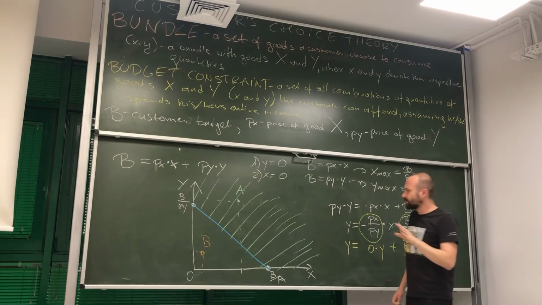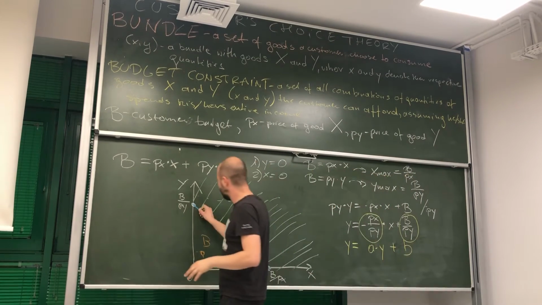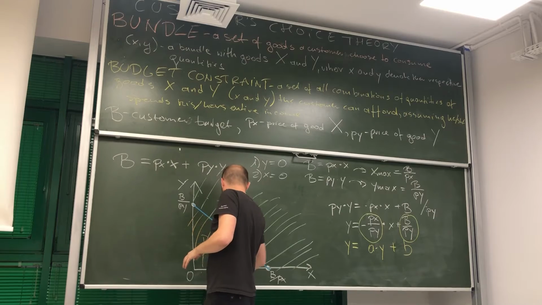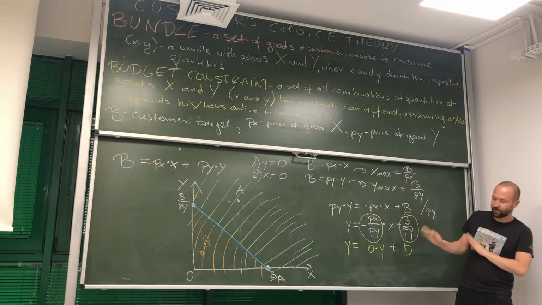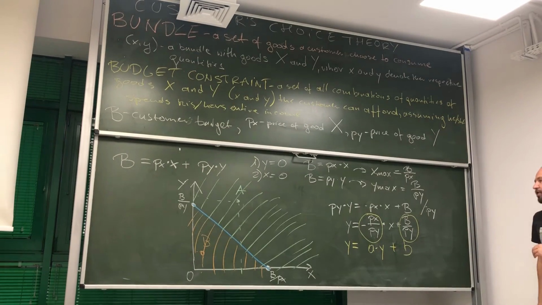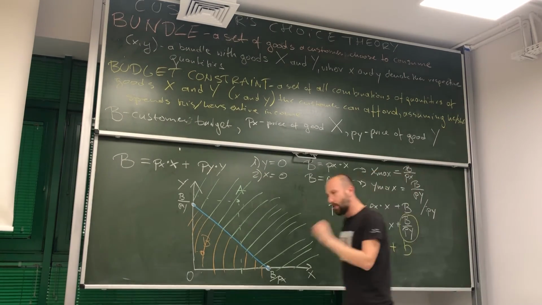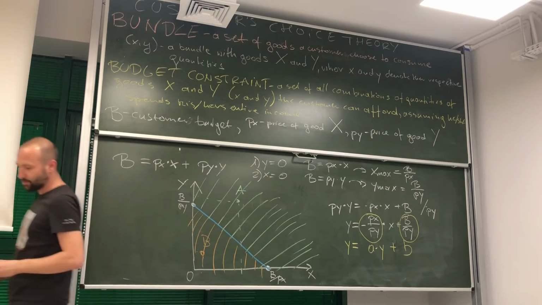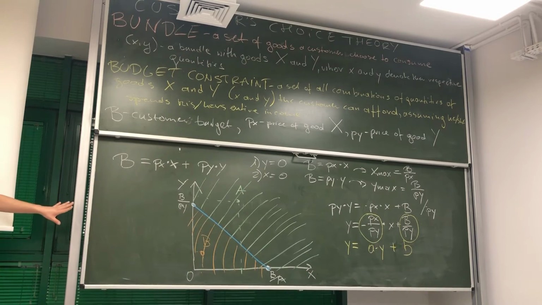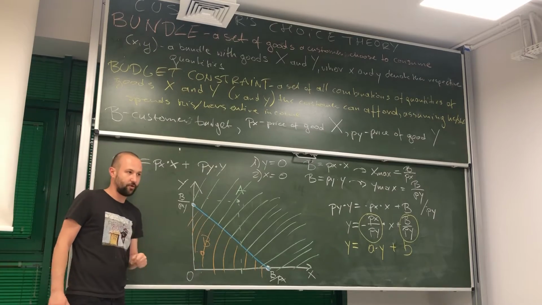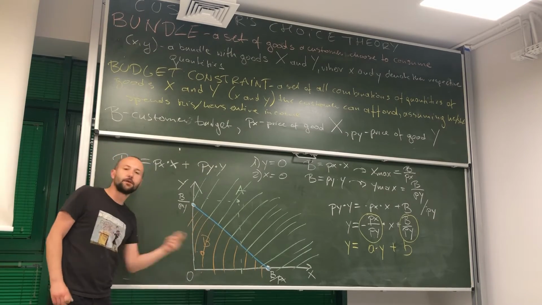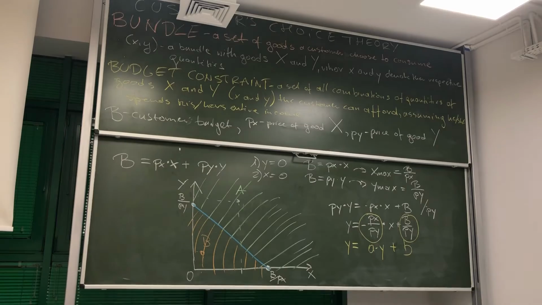So we are also not interested in this possibility. So over here, below the blue line, below the budget constraint, we will have all points in which all combinations of good x and y the customer can afford and still will have some money left. So we are taking them out.